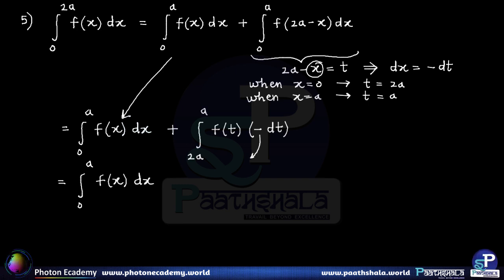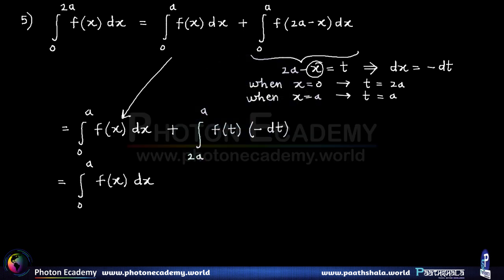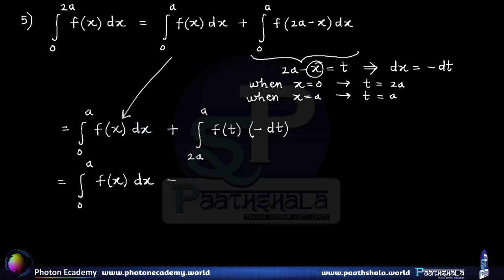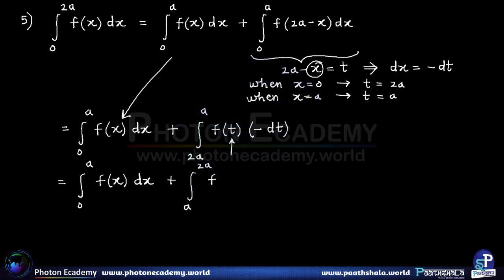Now suppose we want to remove this minus sign, then we will have to interchange the limits, correct? So I will change the minus sign and we will write the reverse limits, that is a to 2a, because we have removed the minus sign. And now in place of t we can change the variable and write x so that it won't change the value.